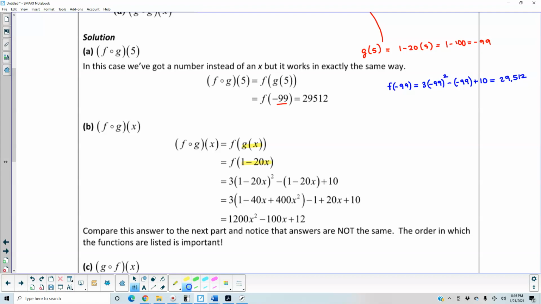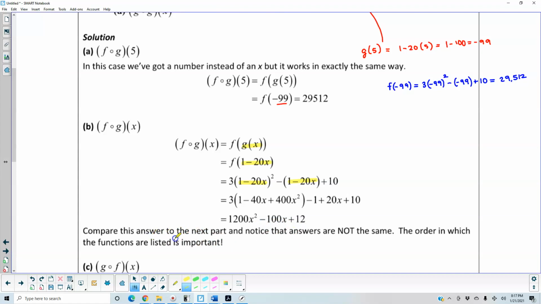So it's going to become 3 times (1 minus 20x) squared minus (1 minus 20x) plus 10. When we square this, we get 3 times (1 minus 40x plus 400x squared). If we distribute the sign, we get negative 1 plus 20x plus 10. And now if we distribute the 3, we end up with 1200x squared minus 100x plus 12.